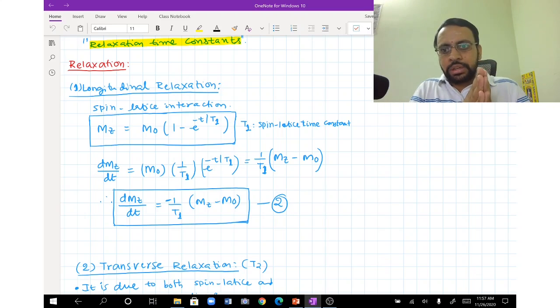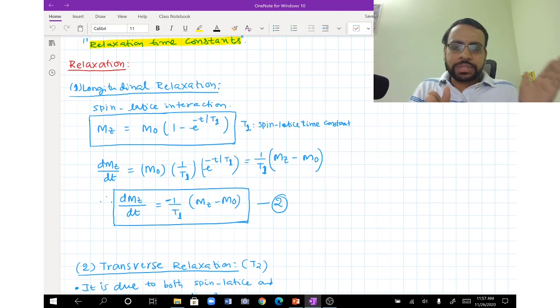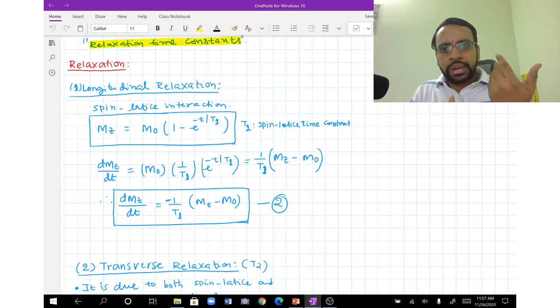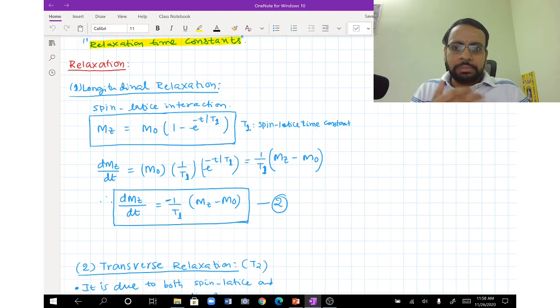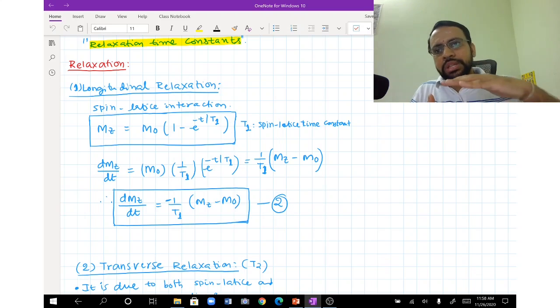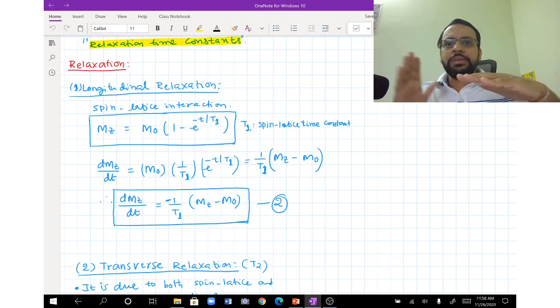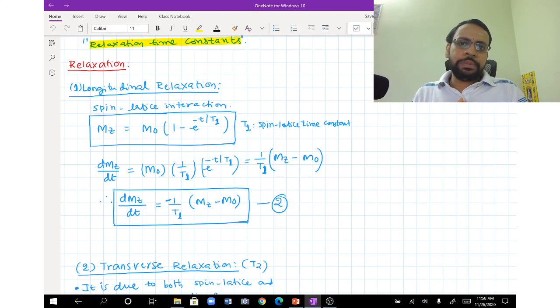The reason is that you could correlate it with the quantum physics concepts that we discussed in our earlier classes, where it tries to establish a thermal equilibrium by shedding off the high energy values and bringing it back to the normal state that was there before you applied any magnetic field in the xy plane.